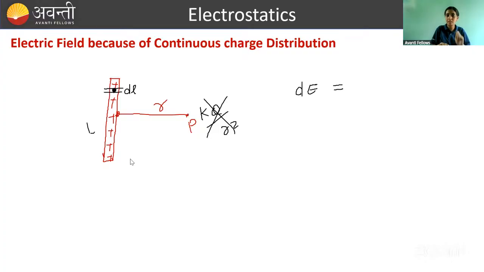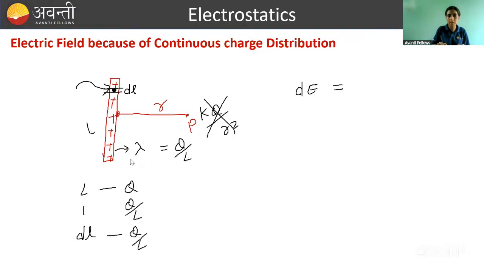Since dE is like a point charge, first we will calculate the charge on it. So let's say linear charge density is lambda. What is the meaning of lambda? You already know. This is charge per unit length. It means in L length, there is Q charge. So in unit length, there is Q by L charge. That is lambda. And so in dL length, how much charge will there be?